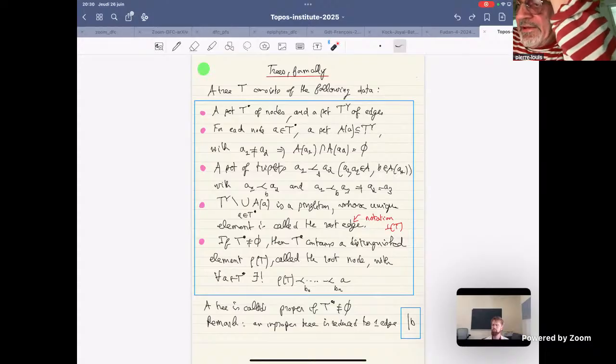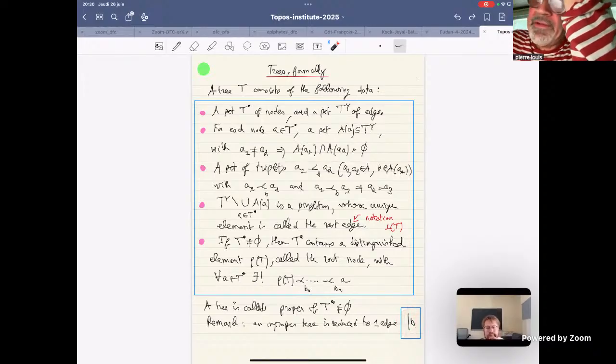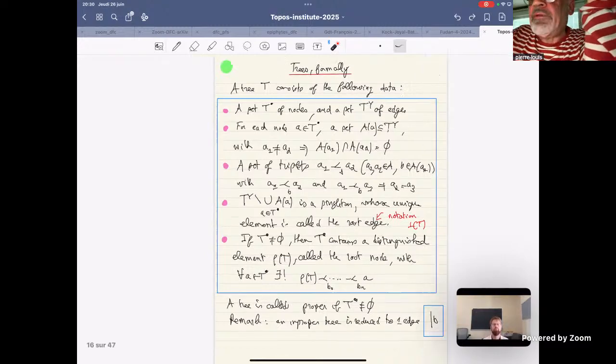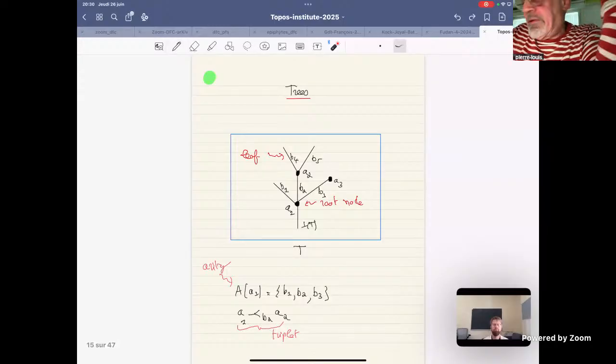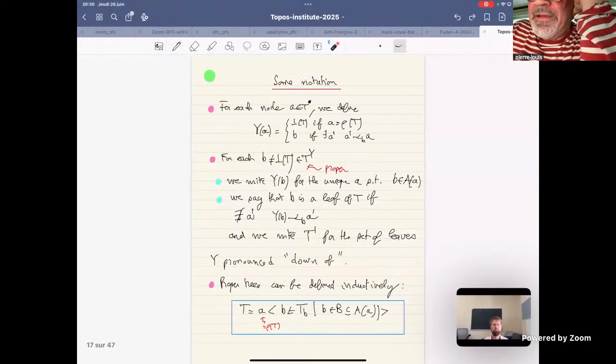And this edge has a name, and we write it like this, and we call it an improper tree. And of course, I forgot to say that it has to be a tree, so there should be no cycle. But of course, everybody knows what a tree is.